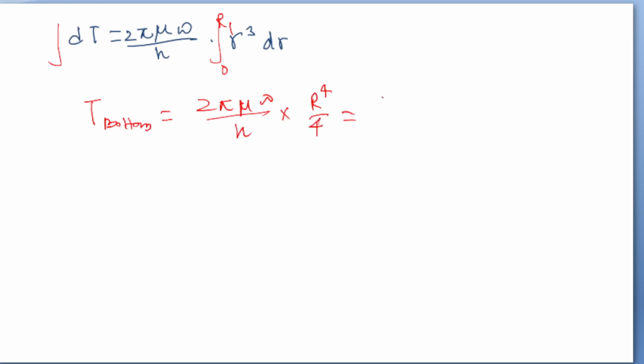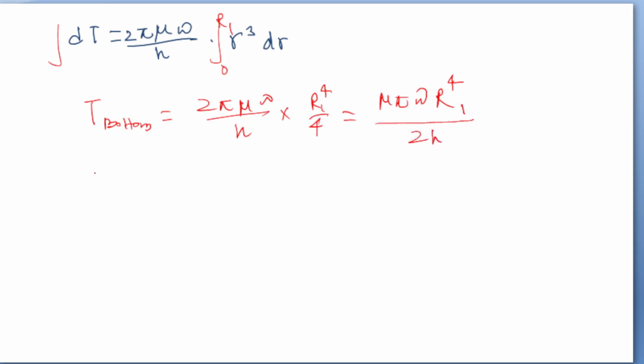So this is mu pi omega r1 to the power 4 by 2h.